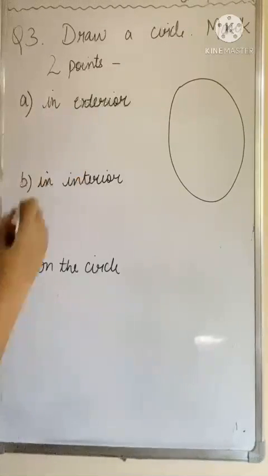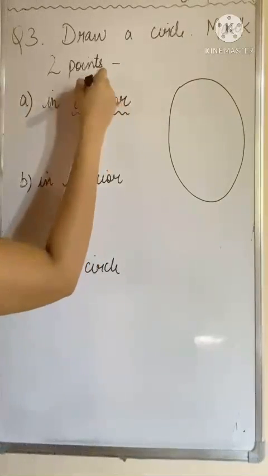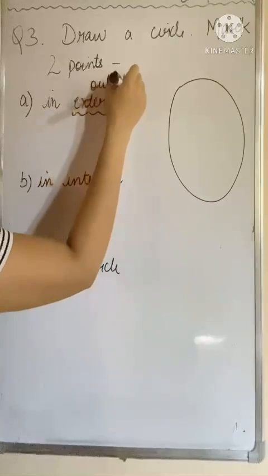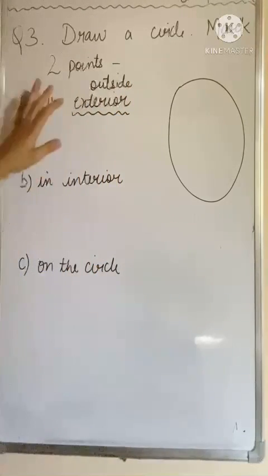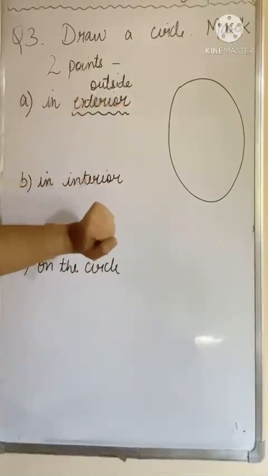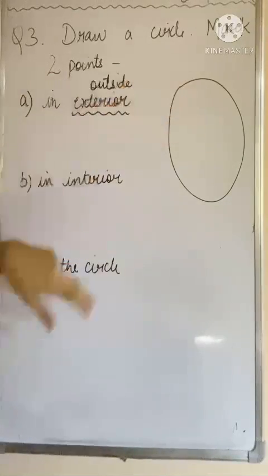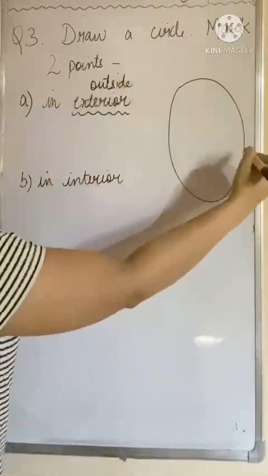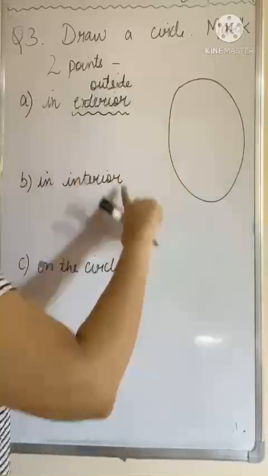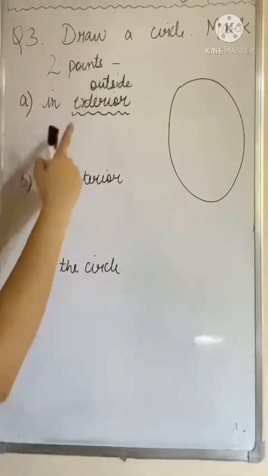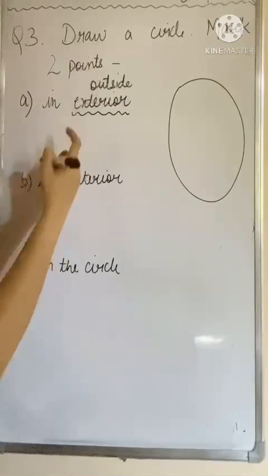So what do you mean by exterior? Exterior means outside of the circle. It means I need to mark 2 points outside of the circle. This is the circle. This is called the inside of the circle and this is called the outside of the circle. So now I need to mark points in the exterior of the circle.